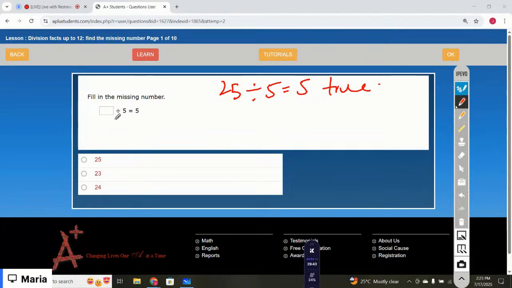The other way is, opposite to multiplication is division. We have missing number divided by 5 is 5. Multiply this 5 to the other side. That would be 5 times 5 equals 25, right? These are the two ways to solve this question.